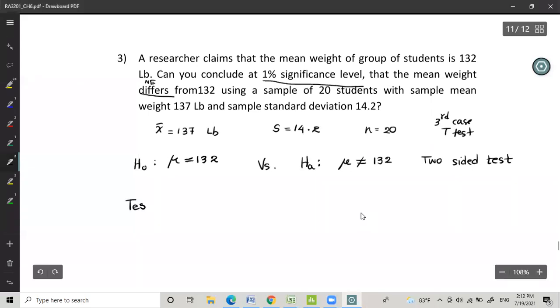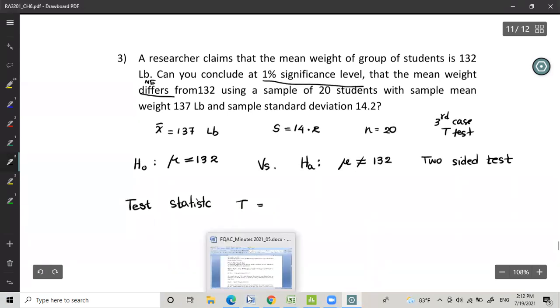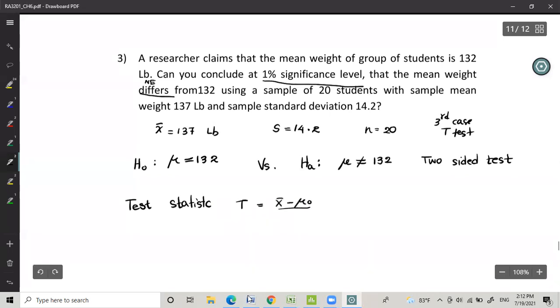The next is finding the test statistic. Since this is the third case, you will end up with the T test statistic, T score. So what is the equation? X bar minus mu naught divided by S over square root of n.